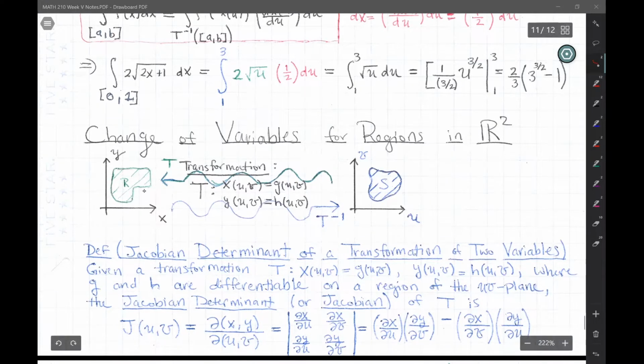If we have to do a double integral over some region R in the xy plane, we may choose to change our variables and apply a transformation, and do a double integral instead over S. The inverse transformation T inverse will go from R to S, while the transformation goes from S to R. Our transformation here gives x and y in terms of the new variables u and v.